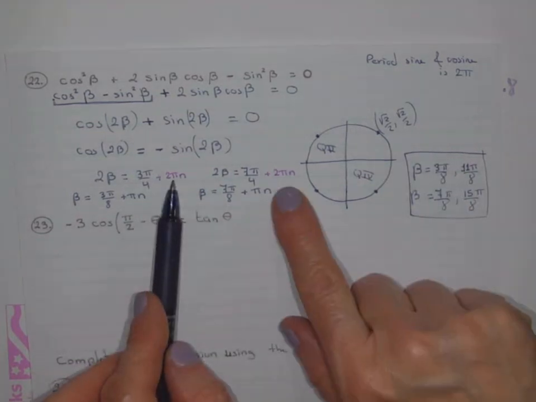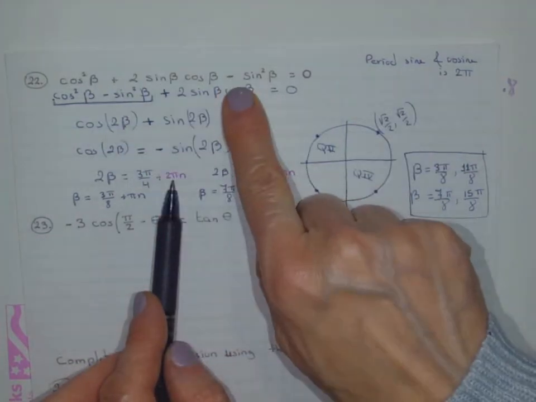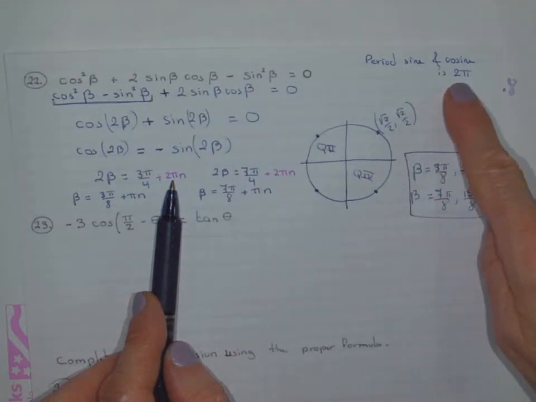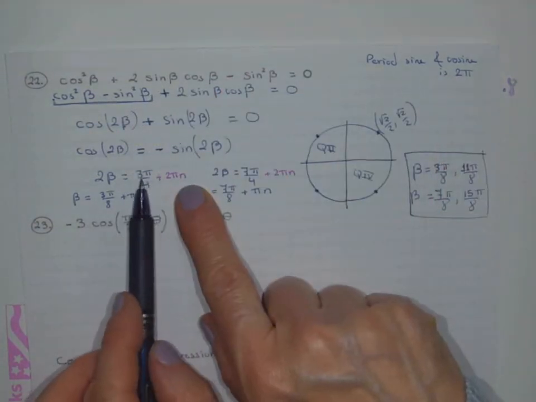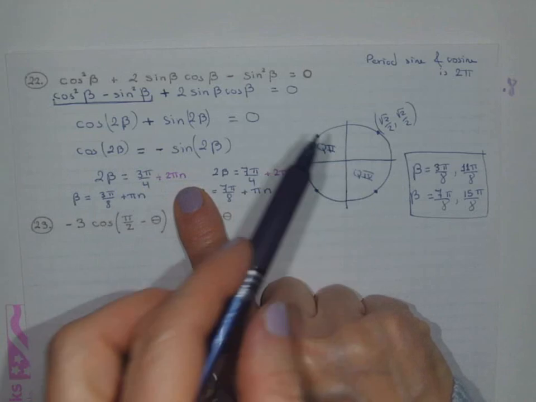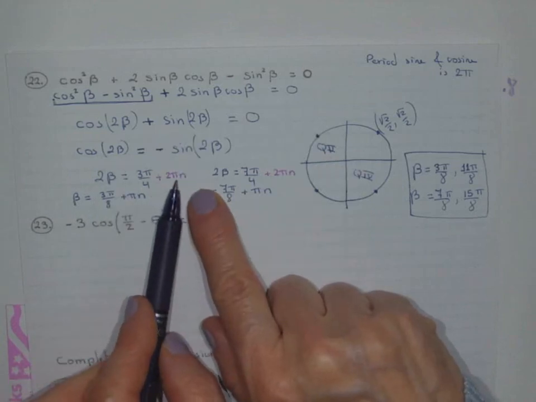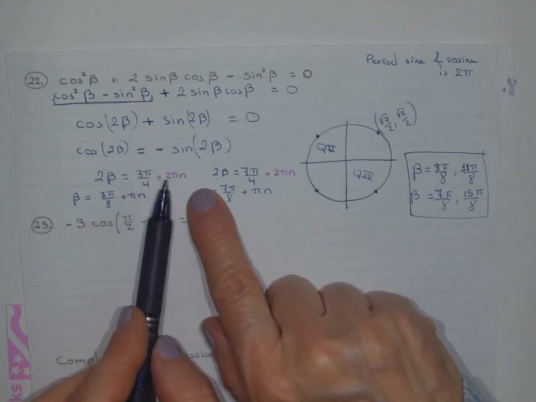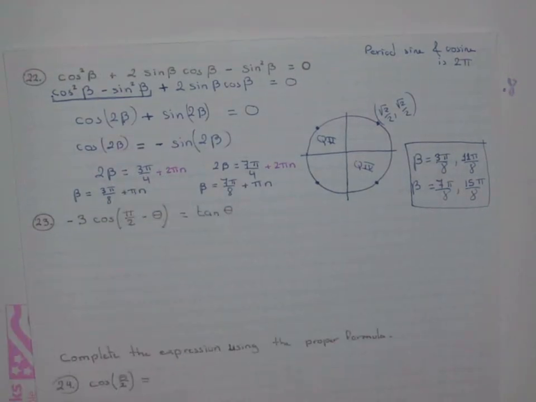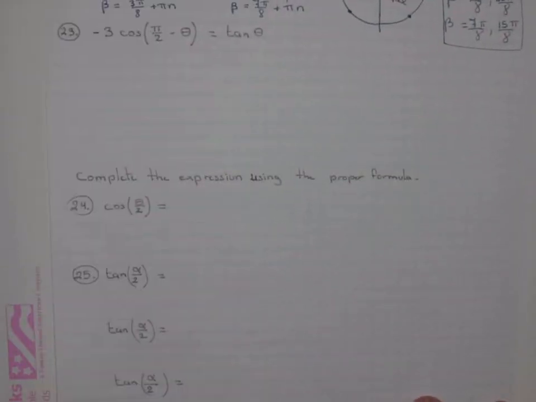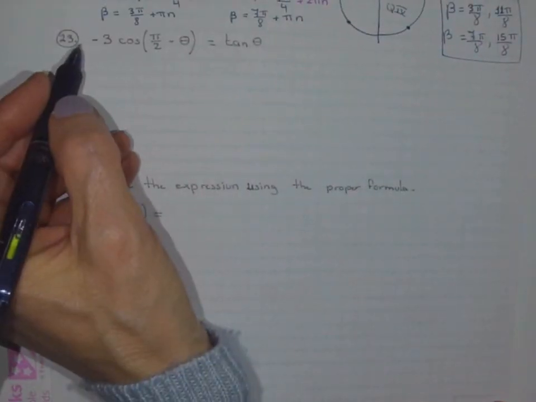So we're looking at the period of the trig functions we're working with. Sine and cosine both have a period of 2 pi. And so you're going to take whatever angle you come up with when you do your unit circle, and look at all the options if you do that plus 2 pi n, and then just pick your values for n, right?